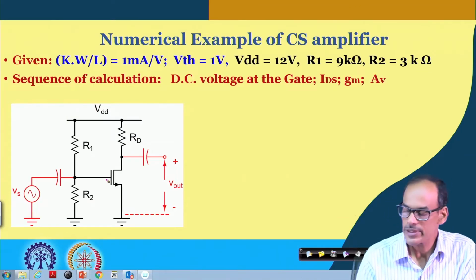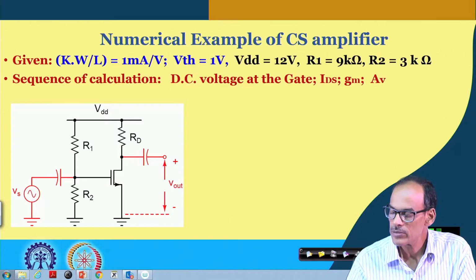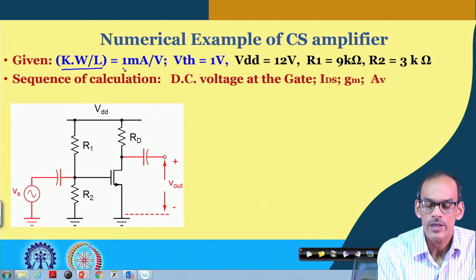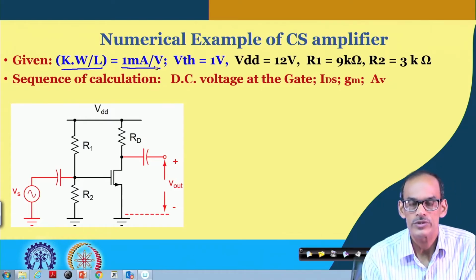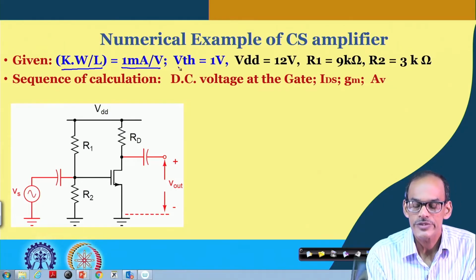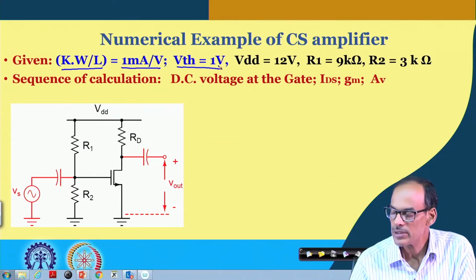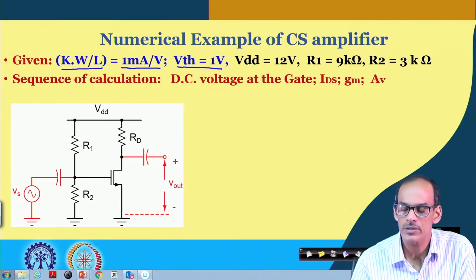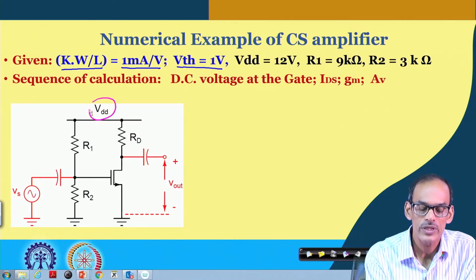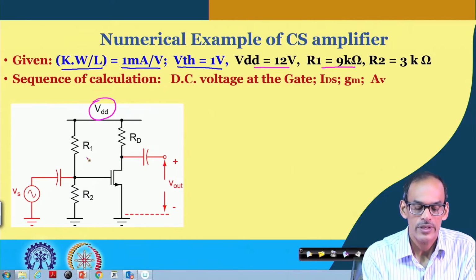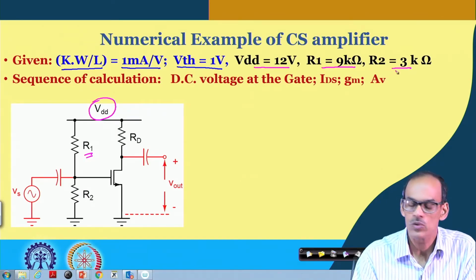The same circuit we are considering, and we have been given the parameters: k into W by L equals 1 milliampere per volt, and the threshold voltage of the transistor is say 1 volt. The bias circuit information is given as VDD is 12 volt, R1 is 9 k, and R2 is 3 k.